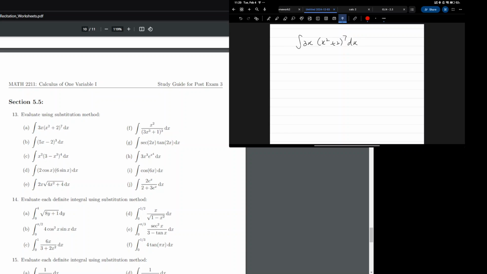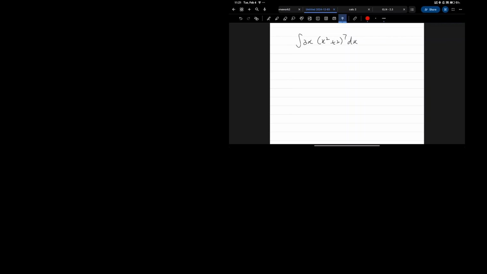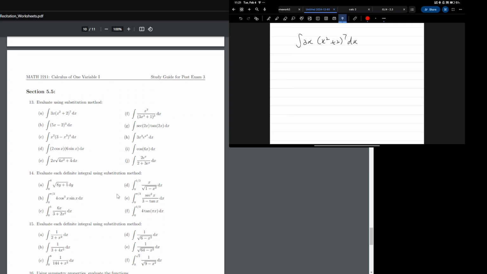Now, this example is pretty simple. We are starting off with this, and it's basically my intuitive thinking about what seems the most complicated to me, what makes the most sense to take as my other variable.